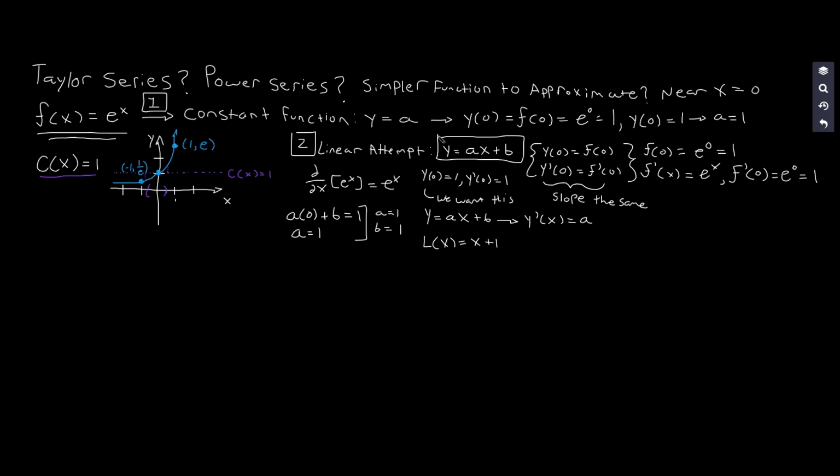Then we know that b is equal to 1. And so we're going to have x plus 1. So we're going to graph L of x equals x plus 1.